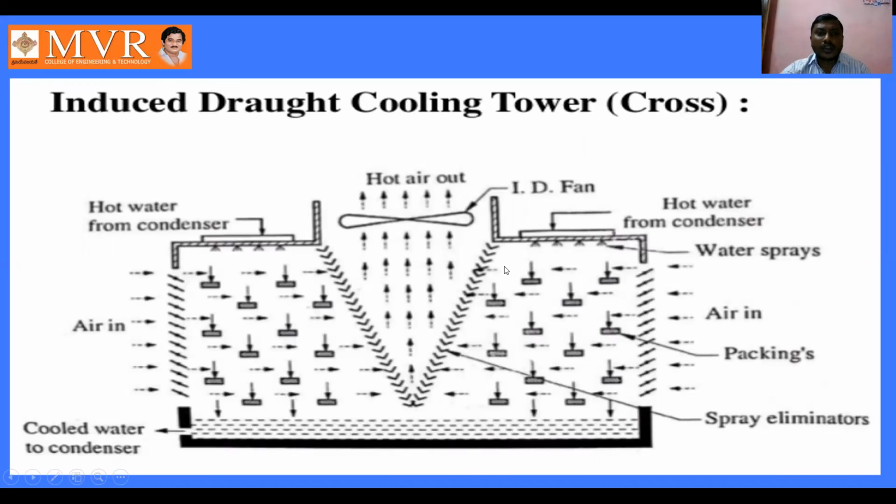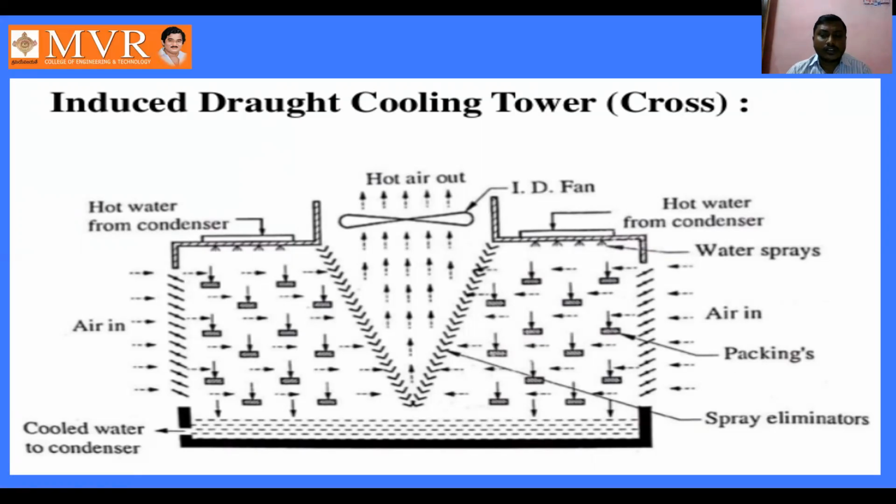And coming to the induced draft cooling tower crossflow, it is the same as the counterflow: the hot water from the condenser enters into the cooling tower, and the air carries away the hot water in fine droplets and carries the hot air out into the atmosphere.